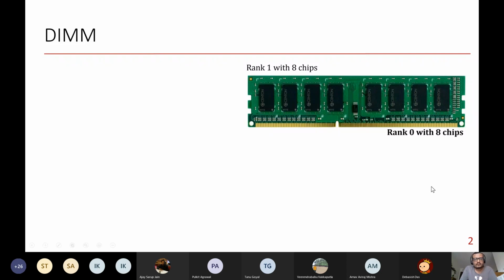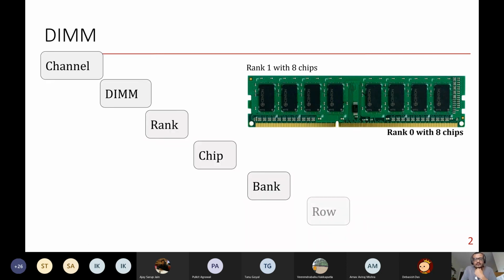If you have opened up your laptop or your desktop, the entire box that you call it, you might have seen this green colored DIMM. It's called a DIMM, dual inline memory module. And the way to look at this particular DIMM is through hierarchy.